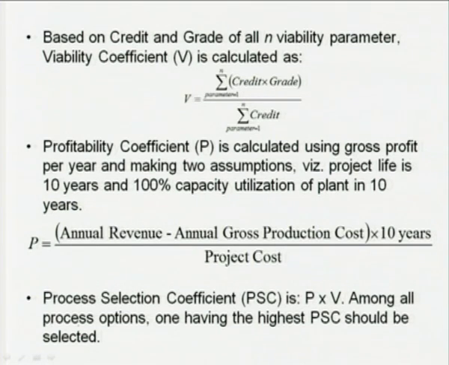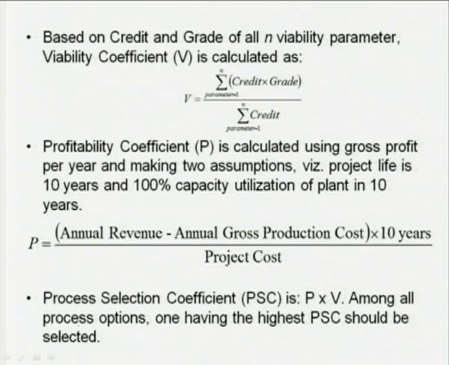That is the gross profit that we obtain per year. Of course, here we are not considering taxes and other things. This is the simple net profit left after you deduct the annual production cost from the annual revenue that the company will earn. That difference times 10 years is the revenue that the company is going to accrue over the lifespan of the project, and that divided by the project cost gives you the profitability coefficient.